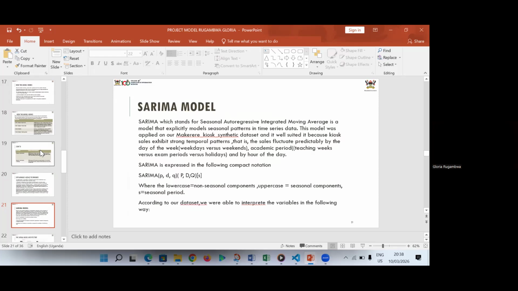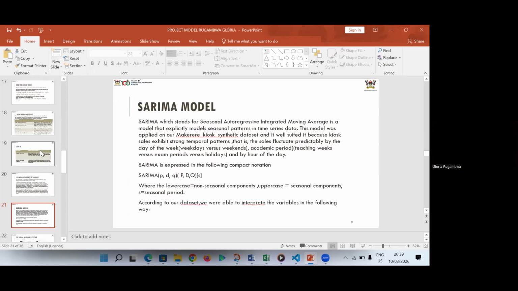It is one of the mostly used classical statistical methods for time series forecasting. And in this case, we really need it because the demand and supply is based on the time series, in terms of weekdays, in terms of academic period.